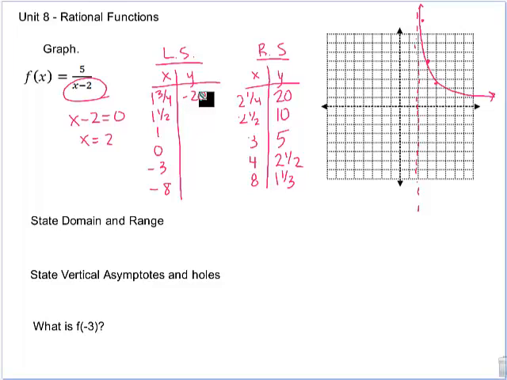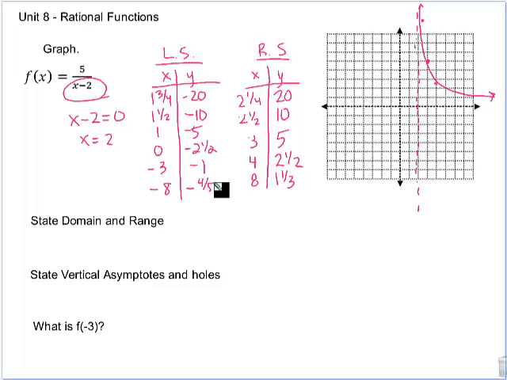Next one, 5 divided by 1 1/2 minus 2, we're going to get -10. 5 divided by 1 minus 2, we're going to get -5. 5 divided by 0 minus 2, we're going to get -2 1/2. 5 divided by -3 minus 2, we're going to get -1. And 5 divided by -8 minus 2, we're going to get -4/5.